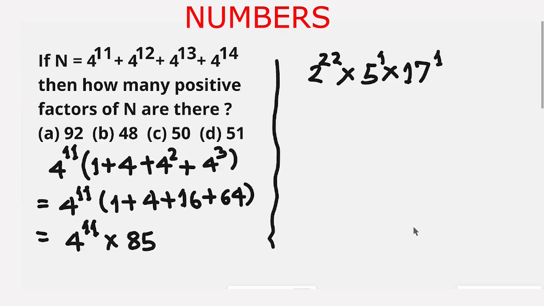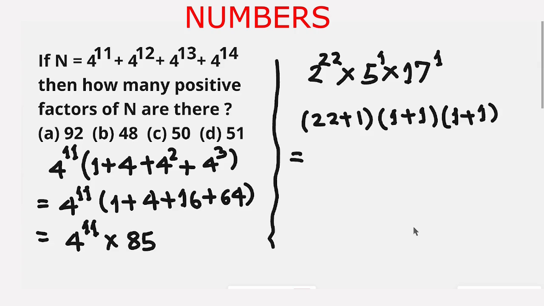For finding the total number of factors, we know that we have to add 1 to the powers of all prime factors and then multiply. So this is equal to 22 plus 1, as the power of 2 is 22, multiplied by 1 plus 1, as the power of 5 is 1, multiplied by 1 plus 1, as the power of 17 is 1.